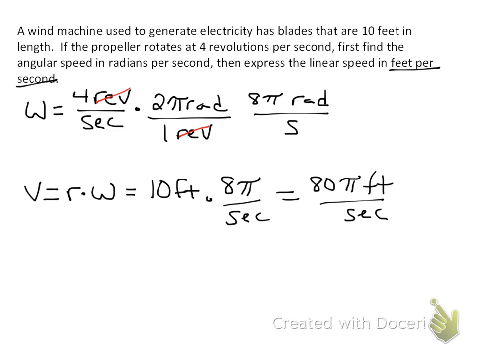And again, we want to include our answer in a more useful form, and 80 times pi is 251.33 feet per second.